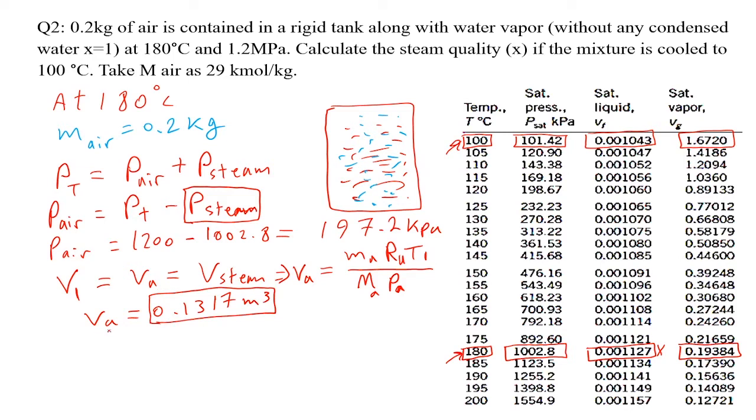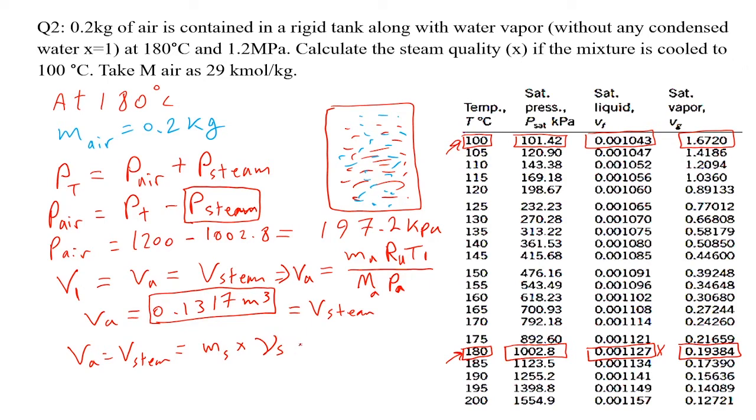And since volume of air is exactly the same as volume of steam, we can now calculate the mass of steam. So volume of air equals volume of steam, which is mass of steam multiplied by the specific volume of steam.